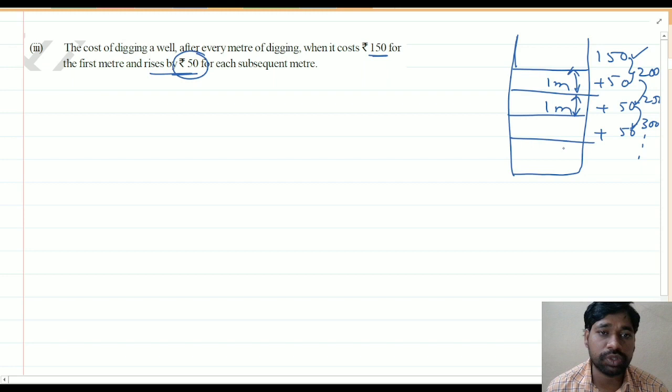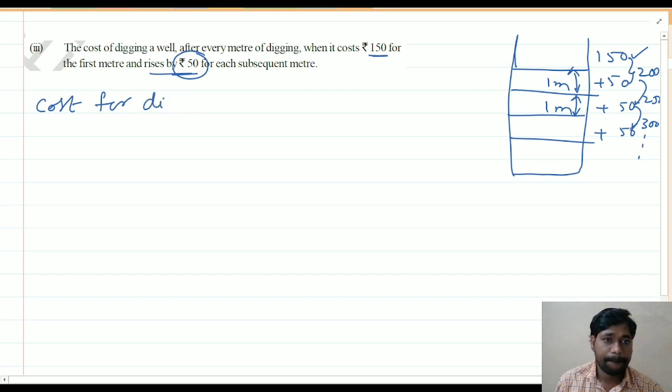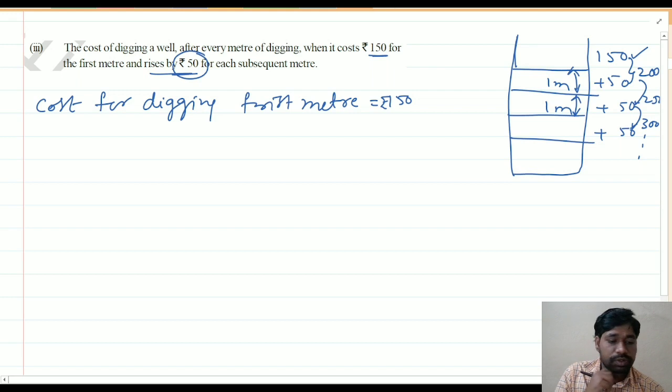Here the cost of digging the first meter is nothing but 150 rupees.